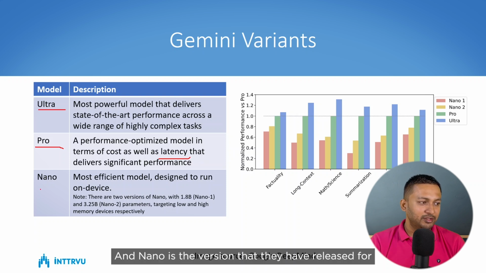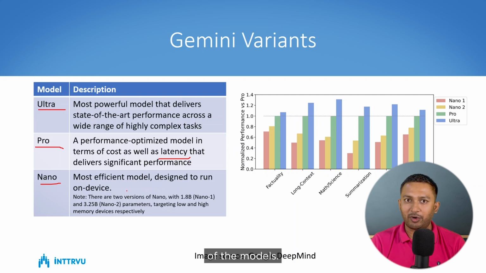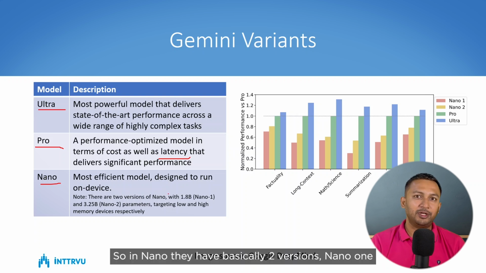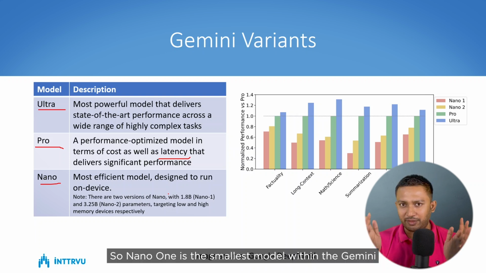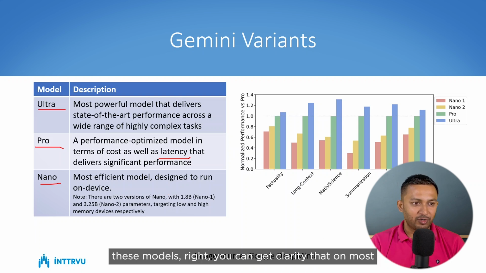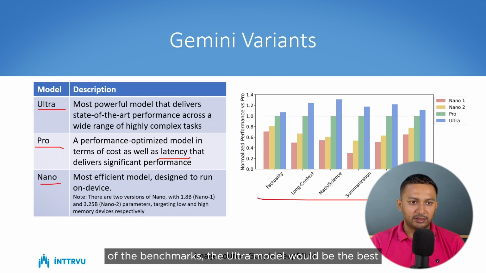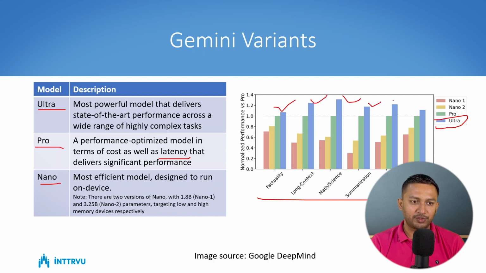And Nano is the version that they have released for the Gemini model, which is targeted for on-device execution of the models. In Nano, they have basically 2 versions, Nano 1 and Nano 2. Nano 1 is the smallest model within the Gemini model that you can use. And when you compare performance of these models, you can get clarity that on most of the benchmarks, the Ultra model would be the best in terms of results.